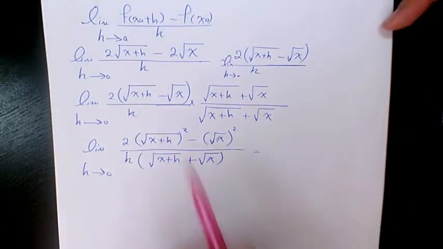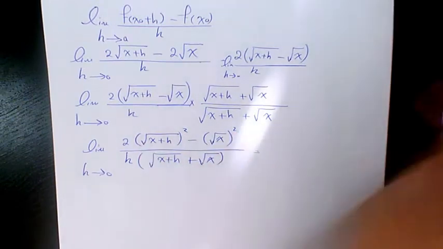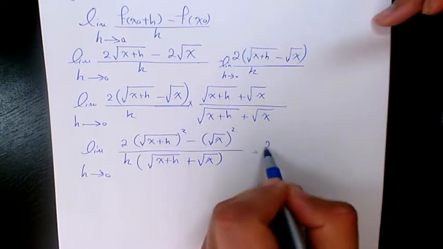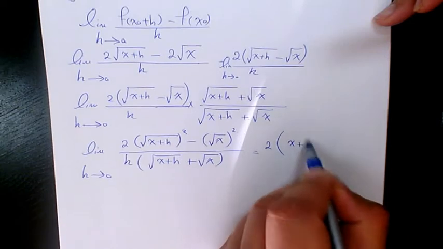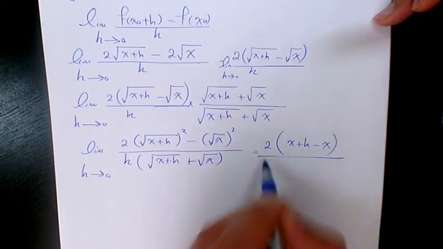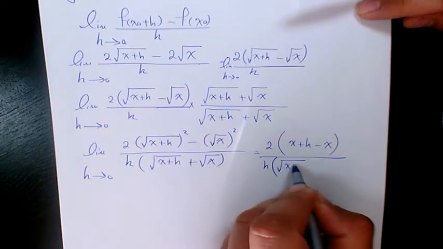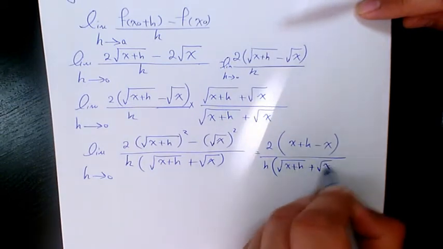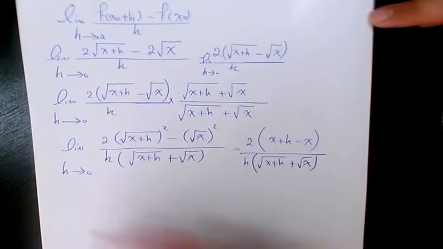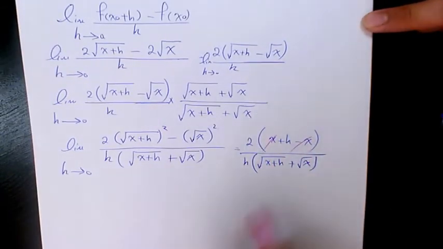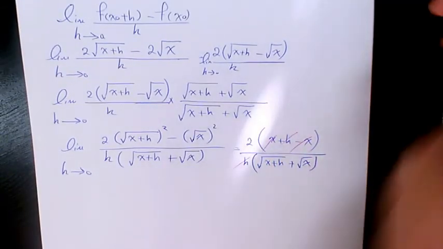Now the square and square root cancel out. It's going to be 2 times x plus h minus x divided by h times root x plus h plus root x. Now this x and negative x cancel out, h and h cancel out.